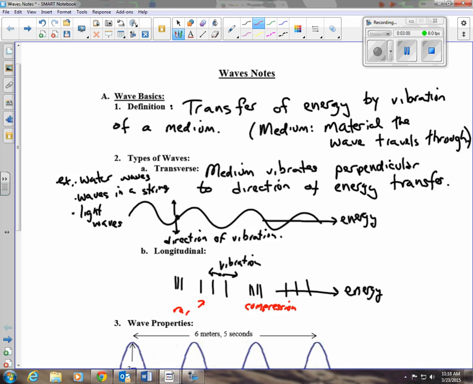It's called a rarefaction. And an example of this is sound waves. Like I said, that one's kind of hard to visualize, so I found a little plot that will show that.